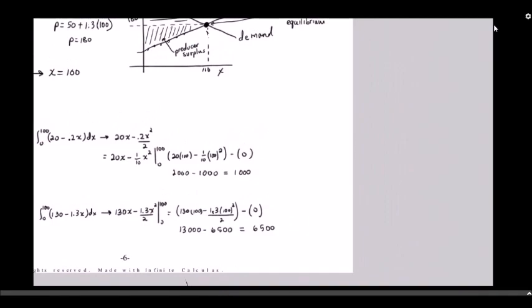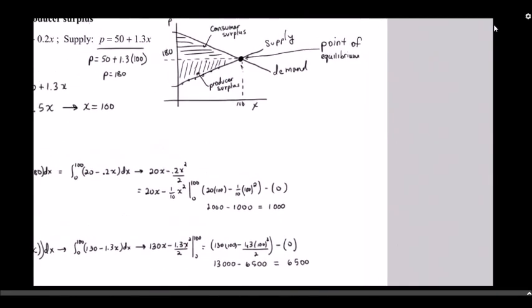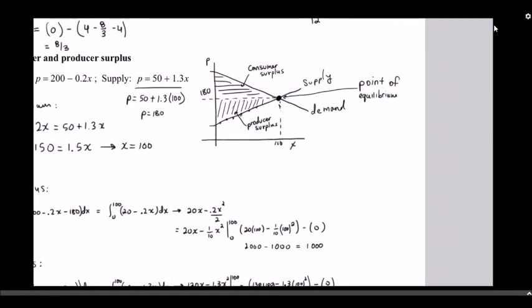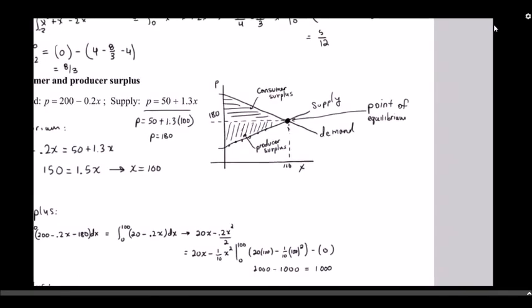Now, incidentally, here's a quick and easy way to check your results. Because our demand and supply functions are linear, this results in triangles. The consumer surplus, for example, would be simply the area of a right triangle. So we could use the area of a triangle formula, 1/2 base times height.